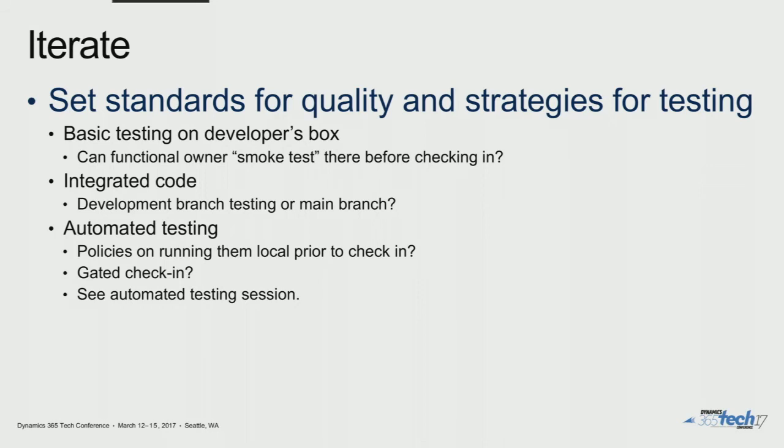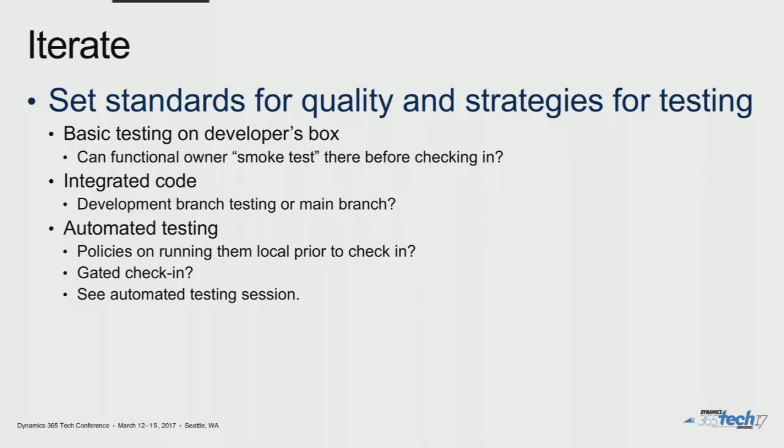And as far as automated testing, we talked about that already a little bit. I'll show you the gated check-in. I really liked it. Gated check-in is something that internally at Microsoft we use heavily. There's not a single piece of code that actually gets checked in directly. As soon as you try to check in, it kicks off a build, it runs all the tests, and not until it meets a certain quality bar is the check-in committed.